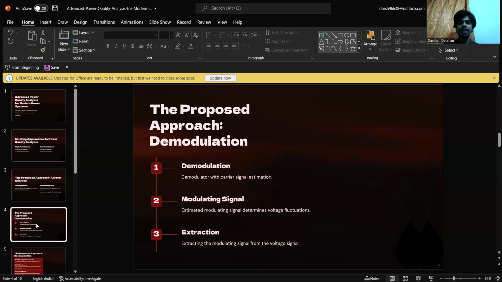In extraction, we extract the modulating signal from the voltage signal.